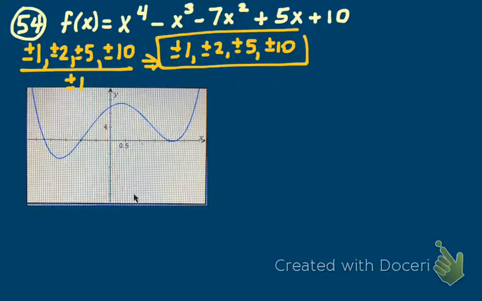So here you see the graph. And what we want to do is look for things on this picture that are pretty exact values. And if you look, I see one right there that I like. There we go.